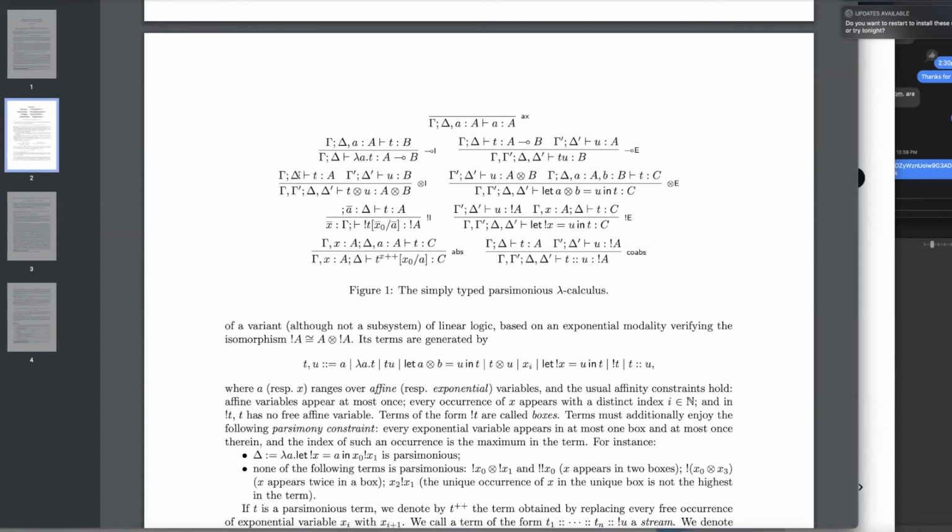And it's a kind of conjunction, so it's related to intersection types in that way, but it's not an intersection because we have a completely separate gamma and delta that's used to grant us that T is of type A, from the gamma prime and the delta prime that's used to grant us that U is of type B. So these resources are different from those resources. And when we combine the total resources, then we can get that the tensor is going to be of type A tensor B.